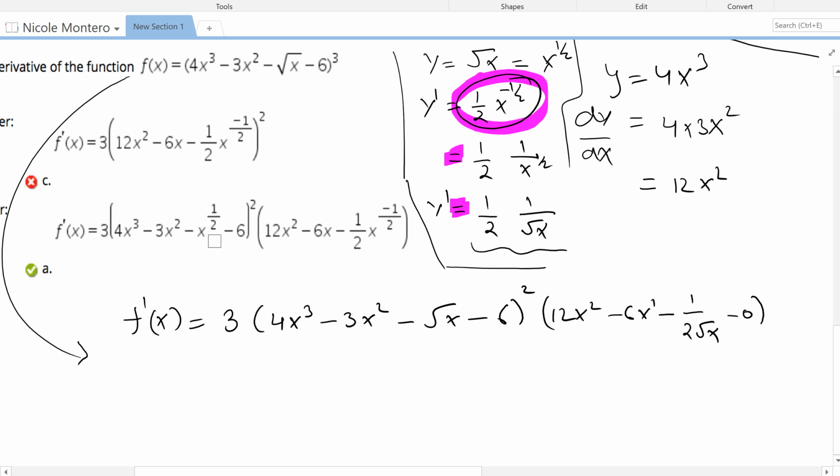I mean, they convert it to the exponent form, then they did the derivative. But be open-minded. Whenever you have an answer in a square root form, you have to convert it. If your answer is in an exponent form, then just keep whatever you have on the first step, right?